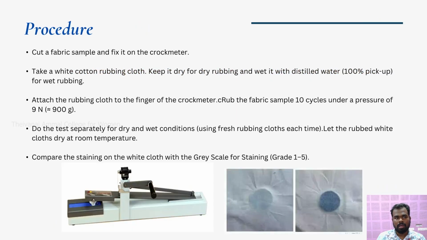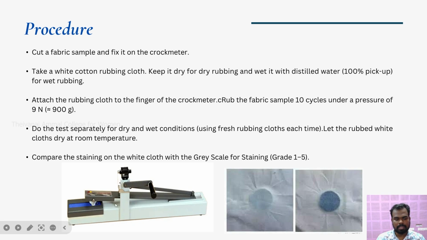In this you usually have to take the dried sample and the crock meter fabric. Initially the crock meter sample will be in a white state, which is smaller in size. You have to clamp the white fabric in the upper stand and the dyed fabric in the bottom area, as you have seen in this image.